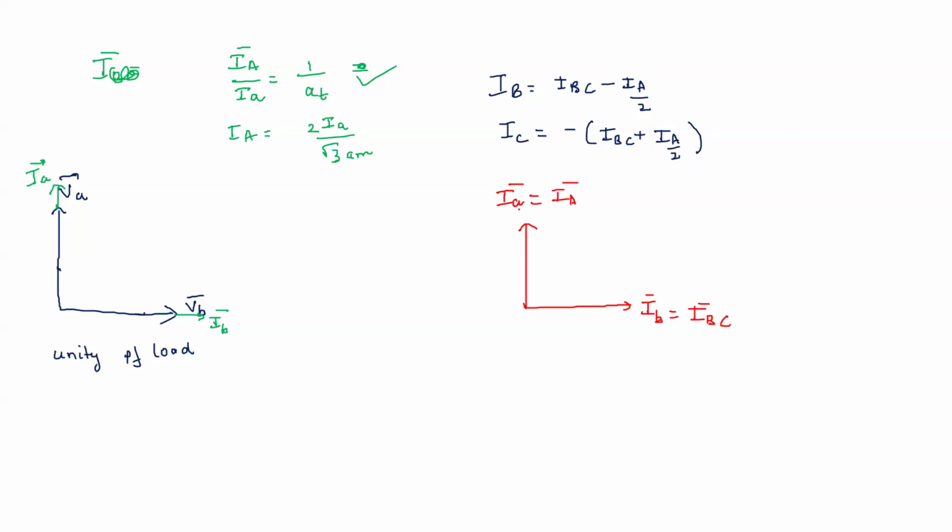So capital IA in terms of small ia is what? 2 by root 3 AM. Okay. So you see the primary currents and secondary currents will be in phase, but the only difference will be in their turns ratio. Okay. Now what about this? IBC is small IB by AM. Okay. So this is the primary side current.